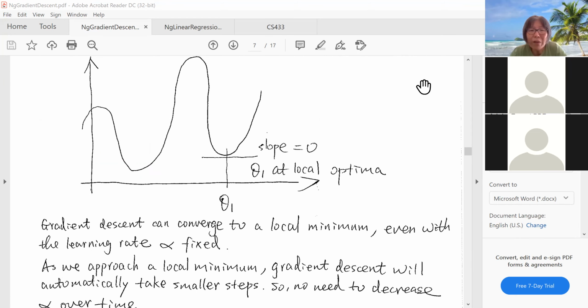And over here, it also discusses that gradient descent can converge to a local minimum, not a global one. Like in this diagram, this is the global minimum. And if you start at this side, then you reach this point. This is called a local optimal point.